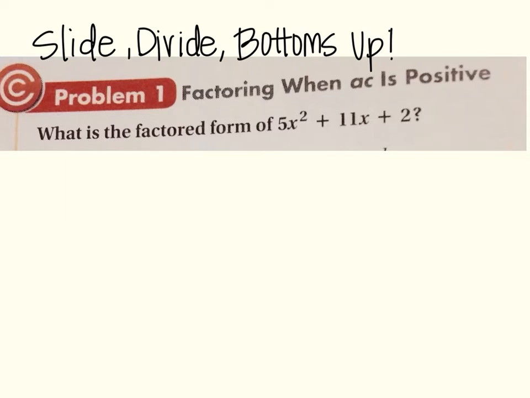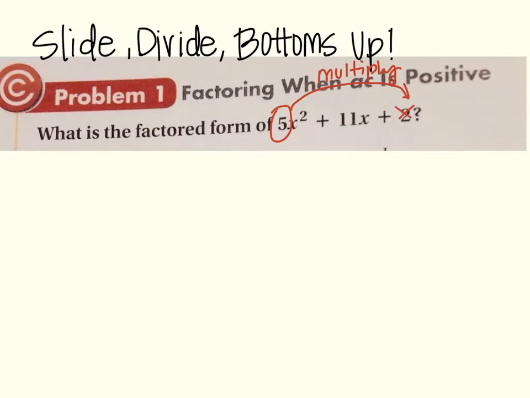So what I mean is first we have to check and see if the first term is 1 or if it's bigger than 1. And if it's bigger than 1, we're going to use the MAC method or the slide, divide, bottoms up method. So we're going to force our trinomial to have a leading coefficient of 1 by taking the leading coefficient, sliding it down to the end, and multiplying it by the last term.